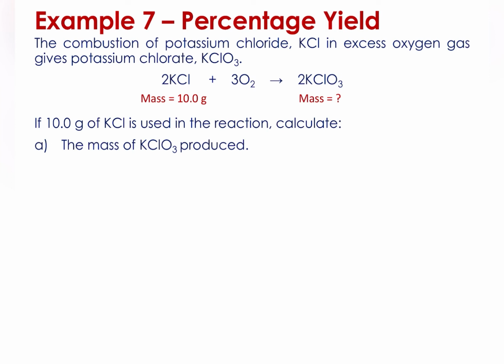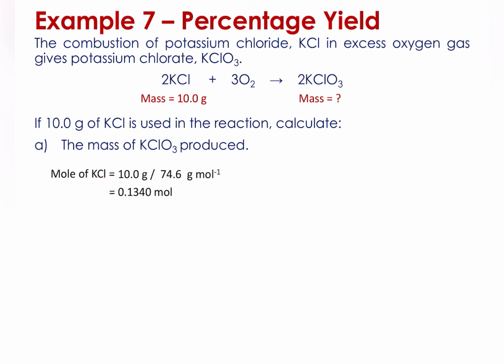Yang kita ada adalah mass. So you have to find out the mole for KCl. So I write down my answer to find out the mole of KCl, mass over molar mass. So I will have the value is 0.1340 mole for KCl. Pastikan ada subjek dekat depan. Kalau sekadar tulis tanpa subjek, jawapan awak dikira salah.